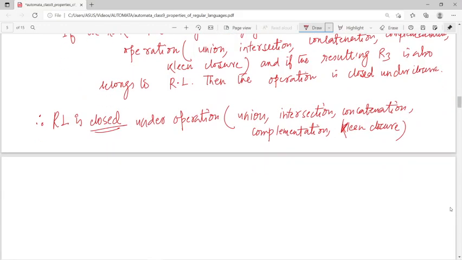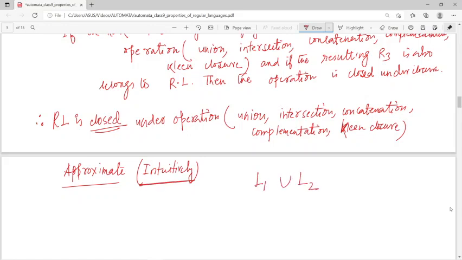That is an intuitive proof, and then we will see the actual proof, because an approximate proof is also important. We are proving this intuitively. Now take L1 union L2. We are taking language L1 that is regular, and L2 that is also regular, and we are doing the union operation.